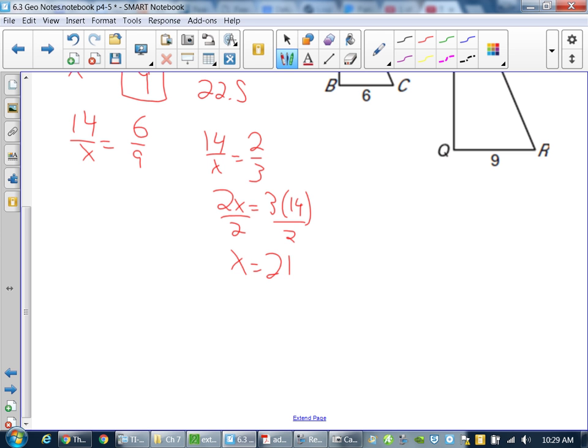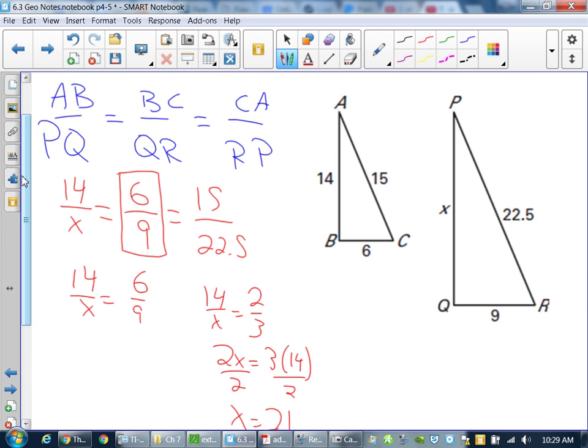So what happens then, it's just a matter of writing the fractions down correctly. As long as you do that, write the letters out, everything else is just cross multiply and solve. Okay?